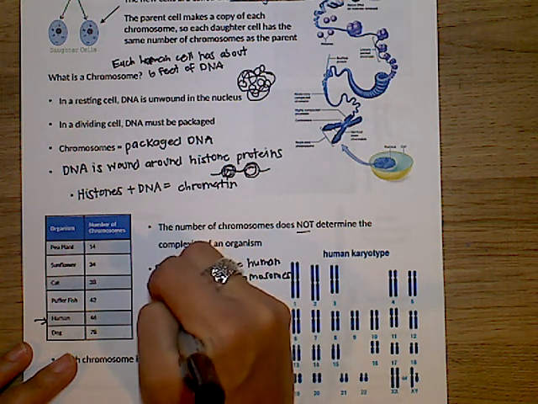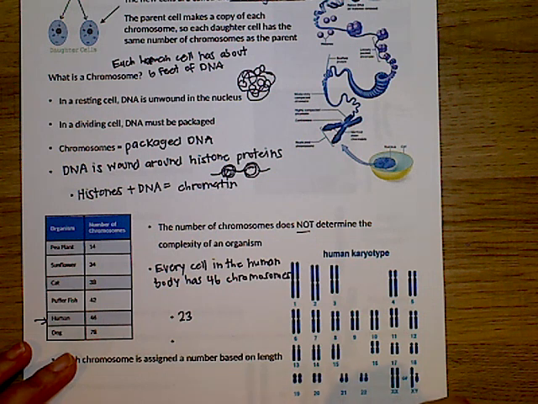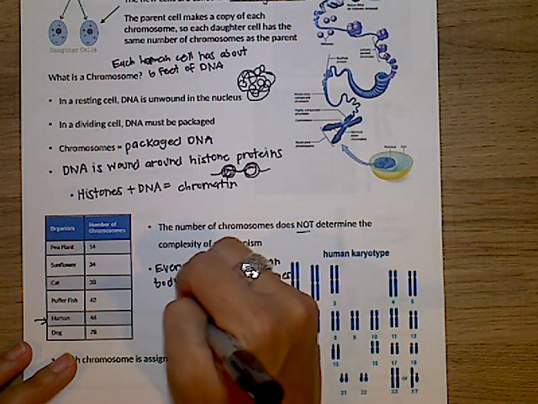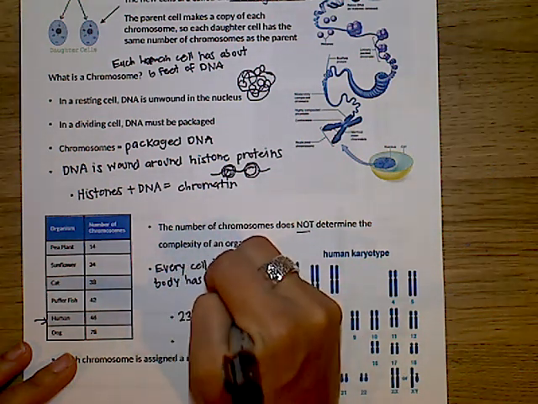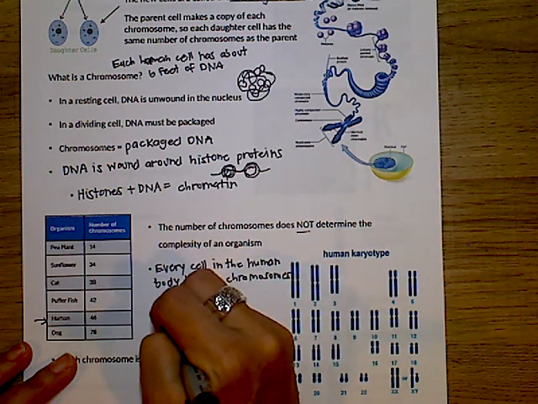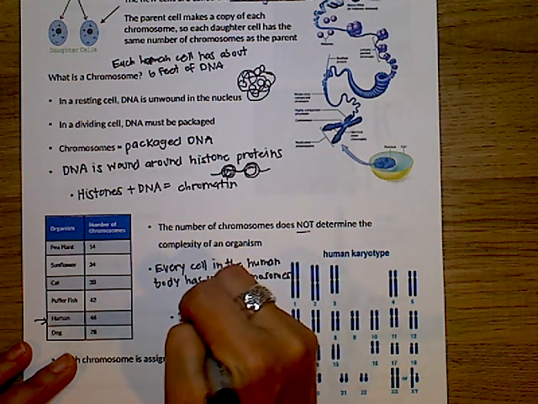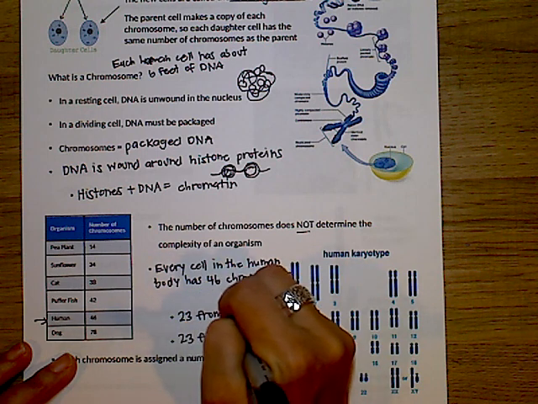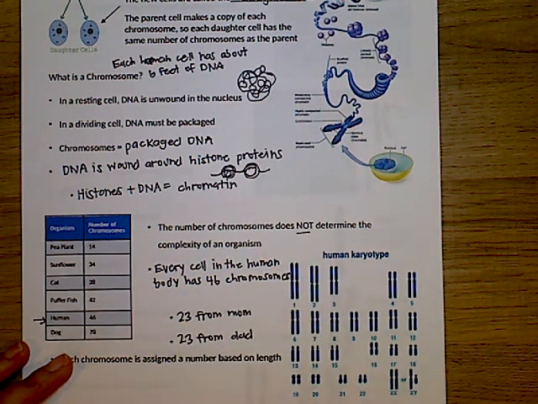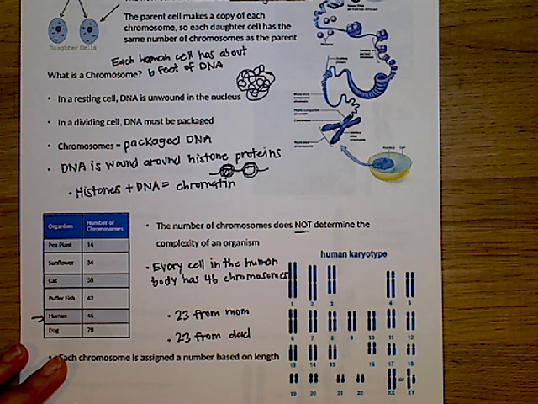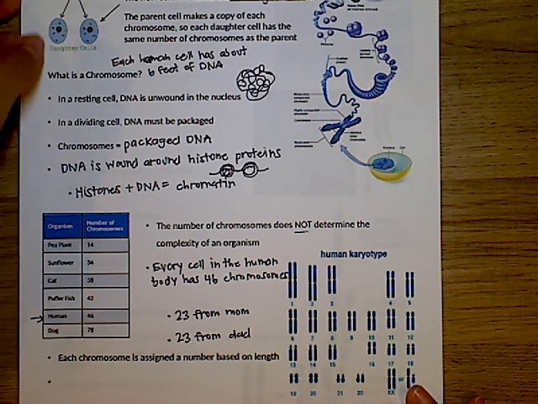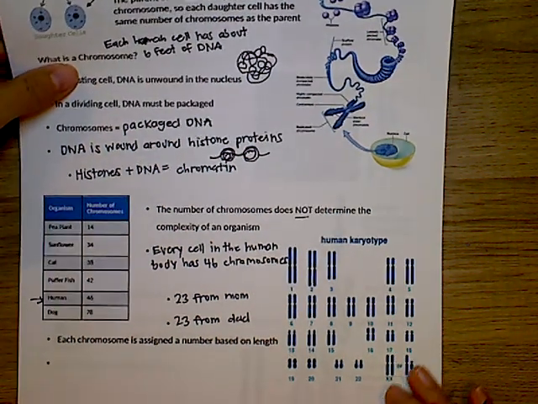Half of these, so 23, are from mom. And the other half are from dad. Which is why you look kind of like your mom and kind of like your dad. You're getting genes and traits from each of them.